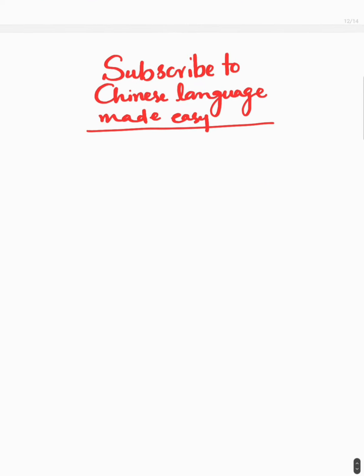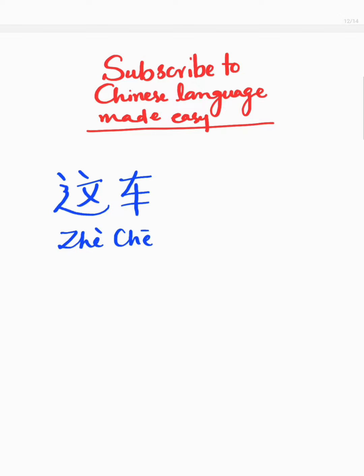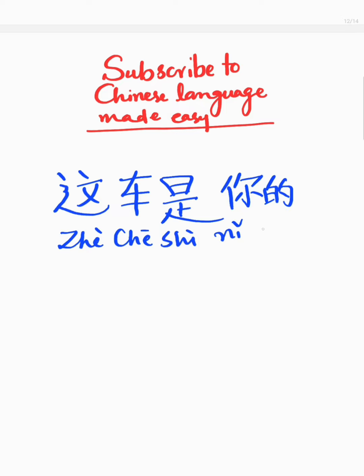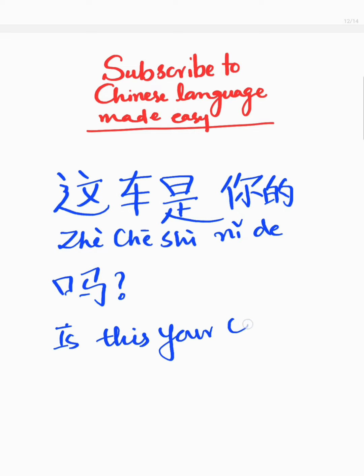So the more native way would be 这车是你的吗? Is this your car?